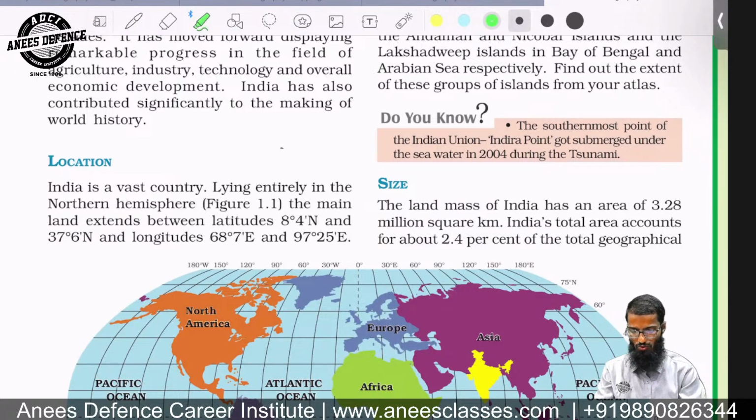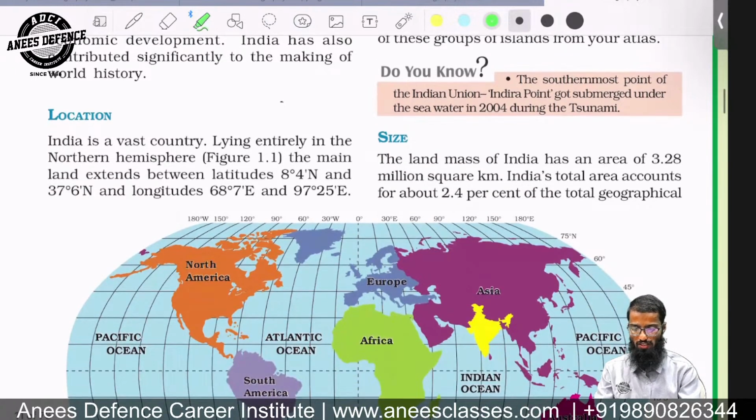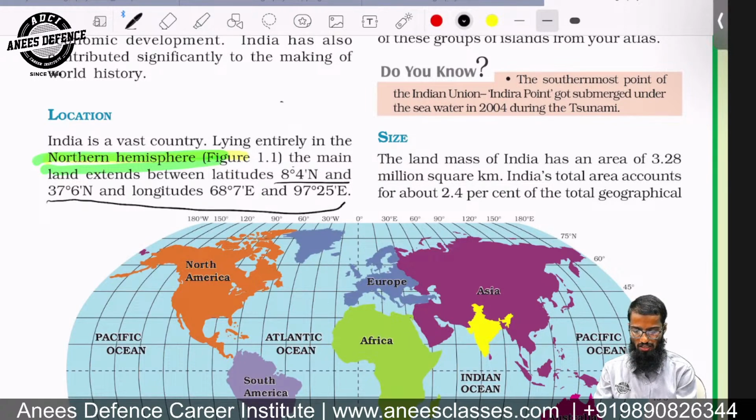So let us come to our topic, that of India, that is location. India is a vast country lying entirely in the northern hemisphere. So our country is in the northern hemisphere. The mainland extends between the latitudes, this line is again important, 8 degree 4 minute north to 37 degree 6 minute north.